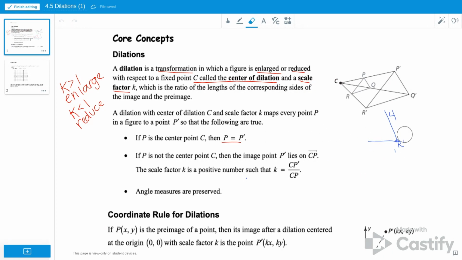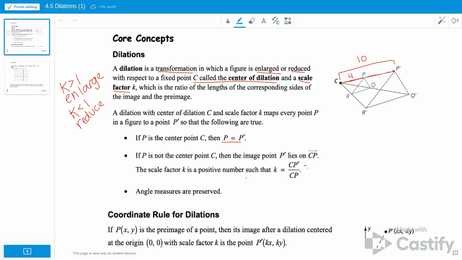If you drew that, great. Hopefully you didn't draw it over your figure. If P is not the center point C, then the image point P prime lies on CP, and the scale factor K is a positive number such that K equals CP prime over CP. So what that is saying is, again, if I said that this was 10 and I said that this was 4, so number 1, P prime is always going to be on this line CP, because if I were to extend that line, it's there.